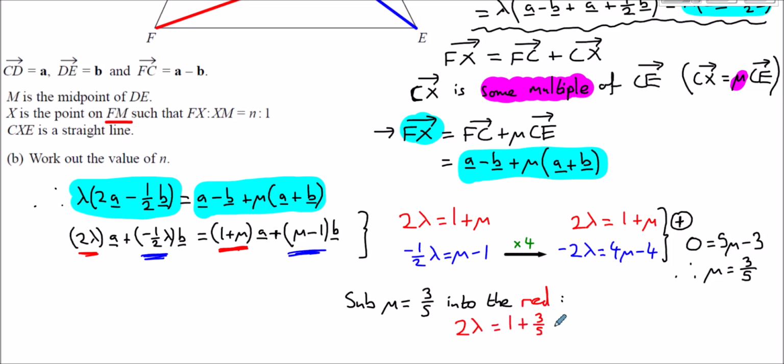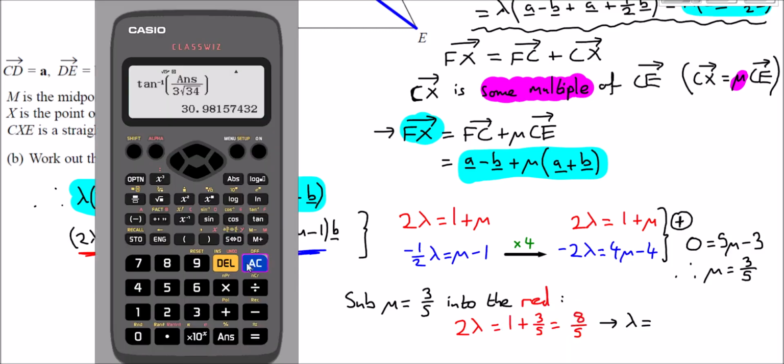That gives us 8/5. So now if we divide that by 2, lambda equals 8/5 divided by 2, and if you're not sure, 8/5 divided by 2 equals 4/5.